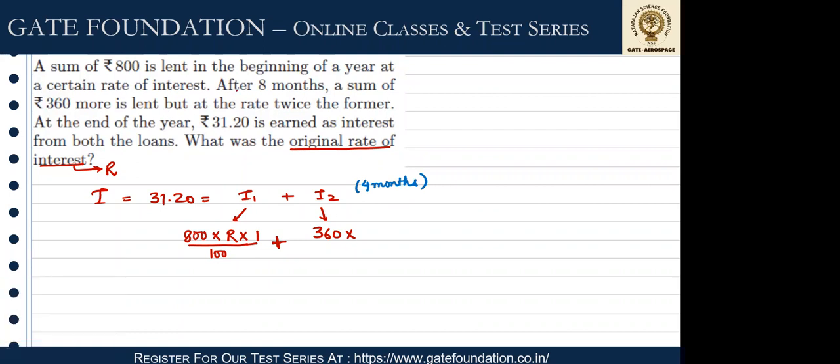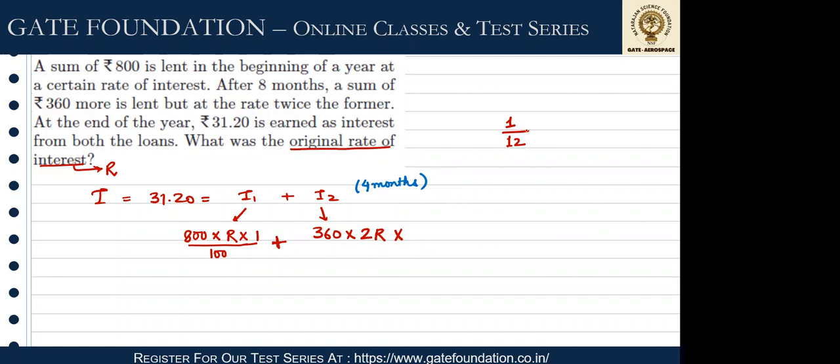So 360 rupees. The rate of interest was twice the former. Former basically means earlier. So इससे पहले जो rate of interest था इसका twice हो जाएगा. So basically it will be 2 into R. Time is important in this case. Why? Because time अब मेरे पास 4 महीने रह गया. वैसे मेरे पास 1 साल था. I counted it 1. If I had 1 month, I have to divide this year into 12 parts, 1 by 12.